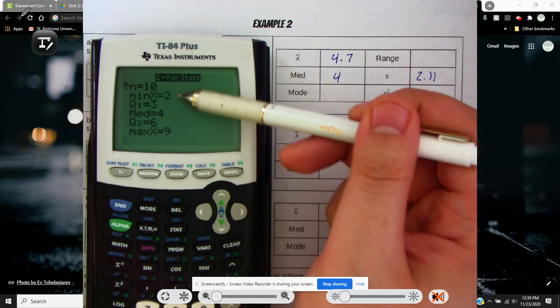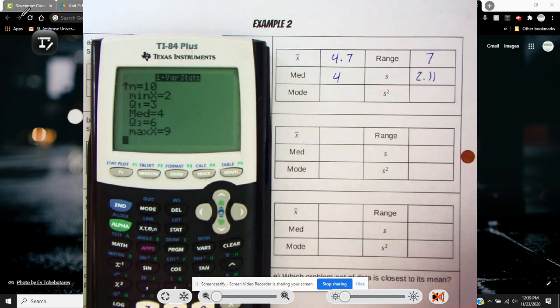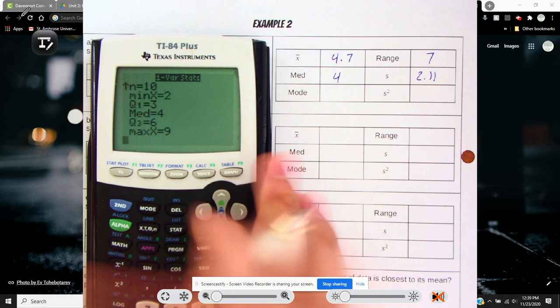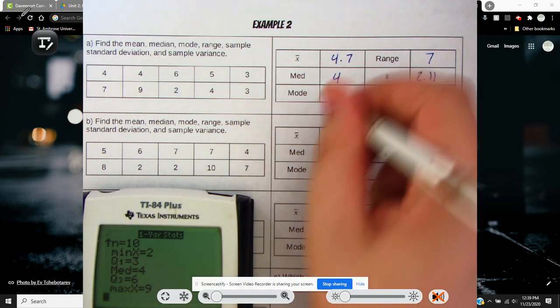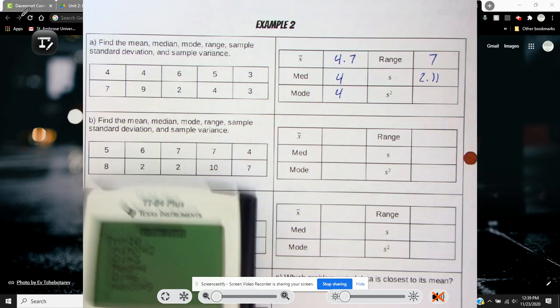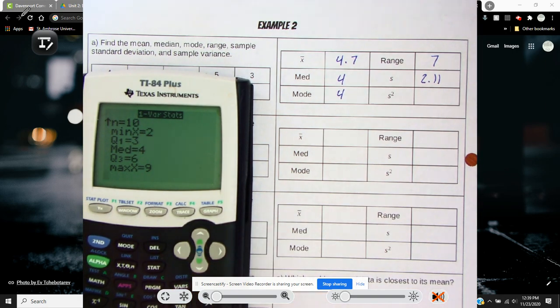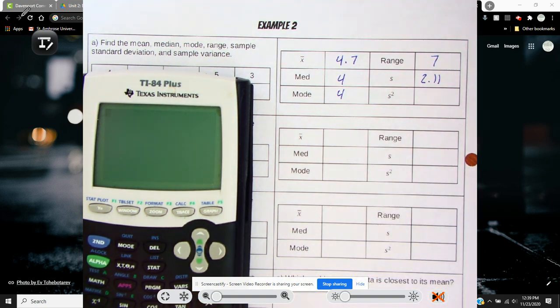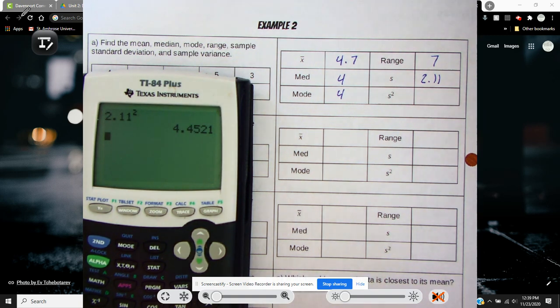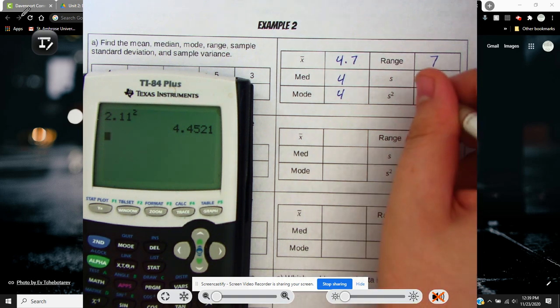So 9 minus 2 is 7. Mode, looking at our list of numbers, the number that appears the most is 4. And then to find our variance, we're going to hit clear and type 2.11 squared, our standard deviation squared, and get 4.45.